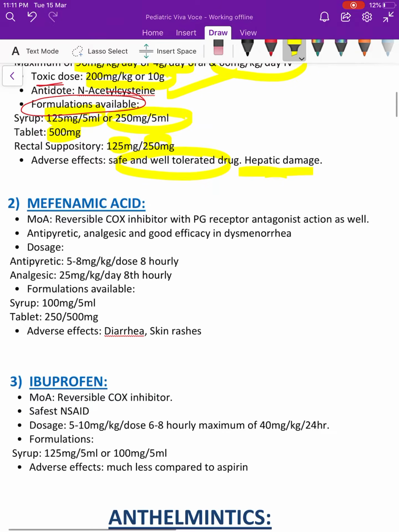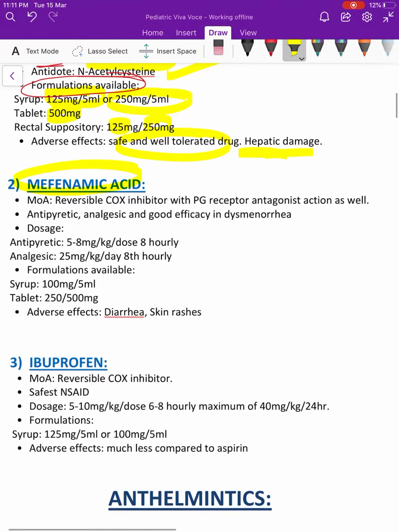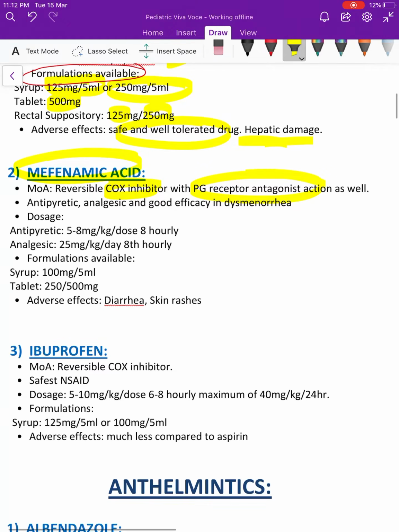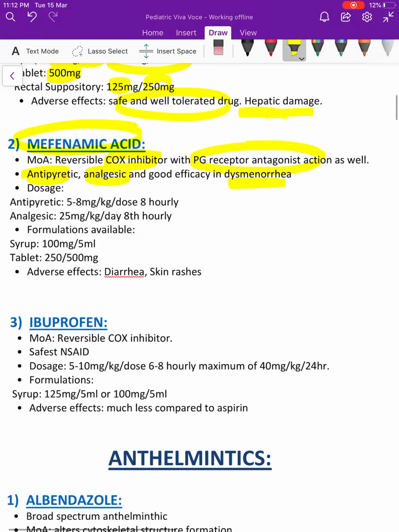Next one is mefenamic acid. Mechanism of action: reversible COX inhibitor with prostaglandin receptor antagonist action as well. It can be used as an antipyretic. It is a good analgesic, and it has good efficacy in dysmenorrhea. What is the dosage?